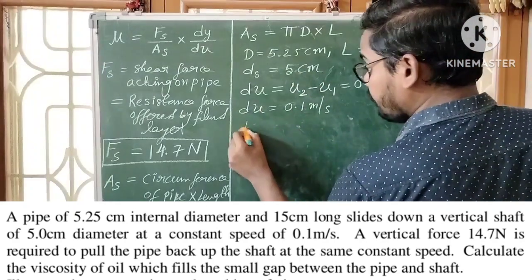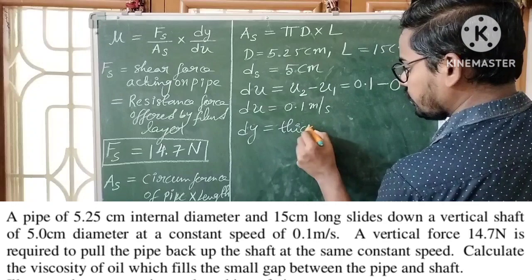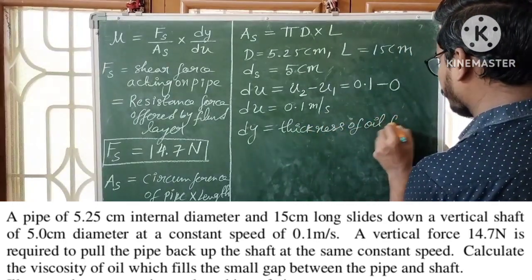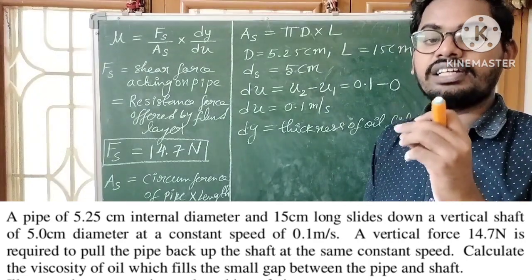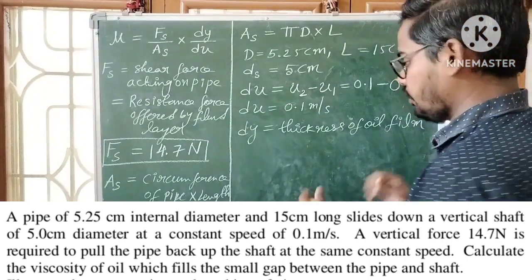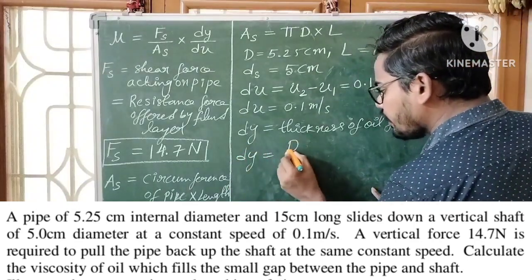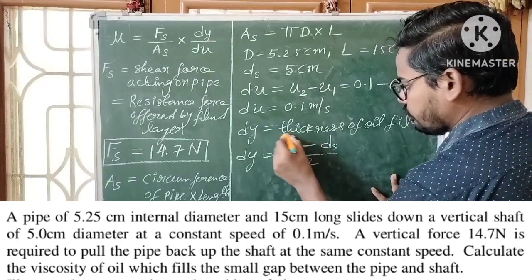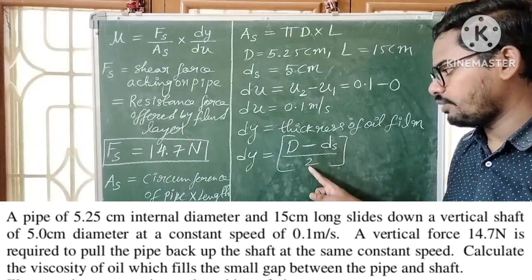Let us find dy. dy means thickness of oil film. The thickness of oil film is equal to the clearance between shaft and pipe. So dy is equal to, a very simple formula, the diameter of pipe minus the diameter of shaft, divided by 2.